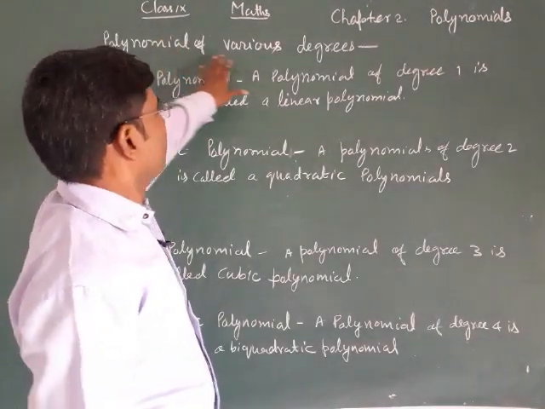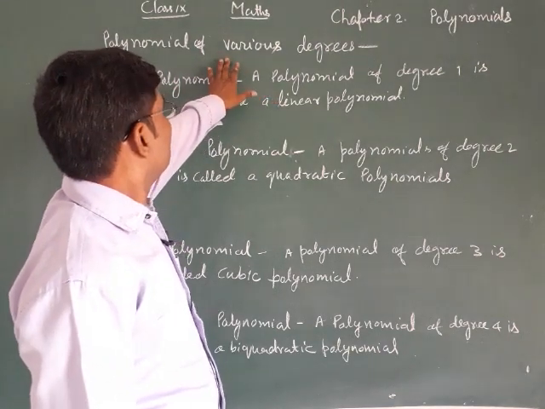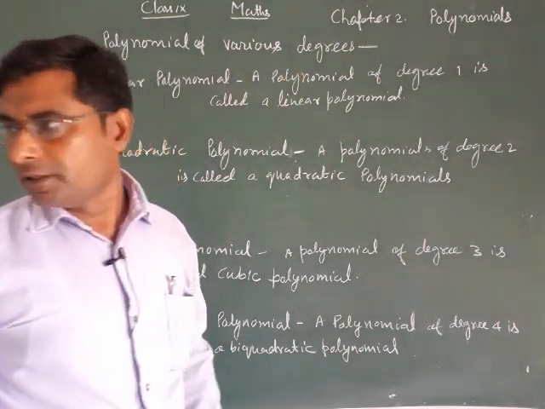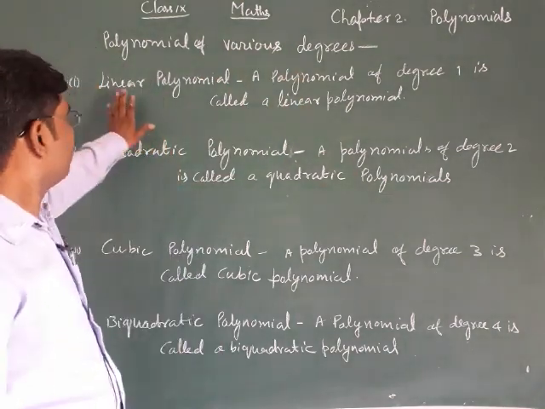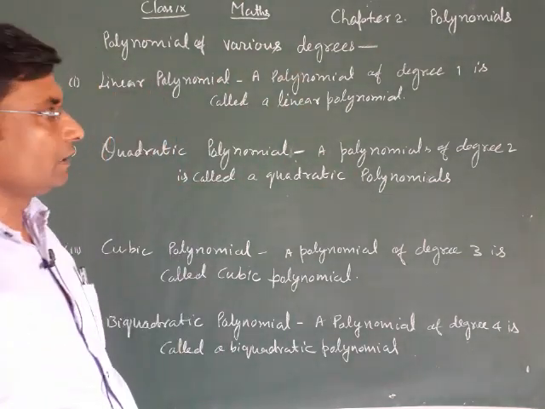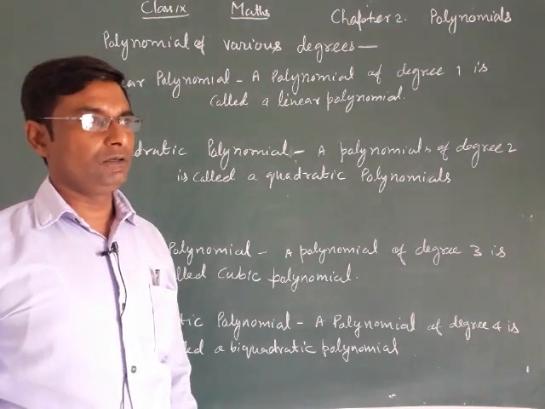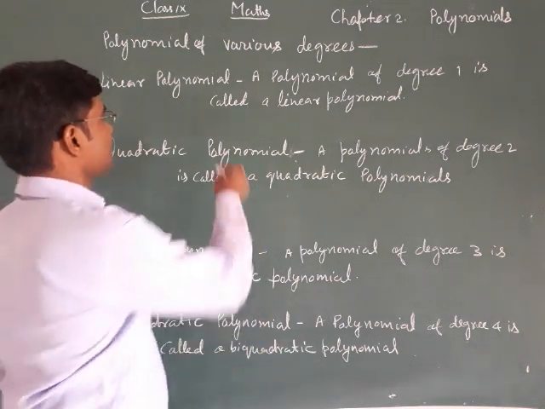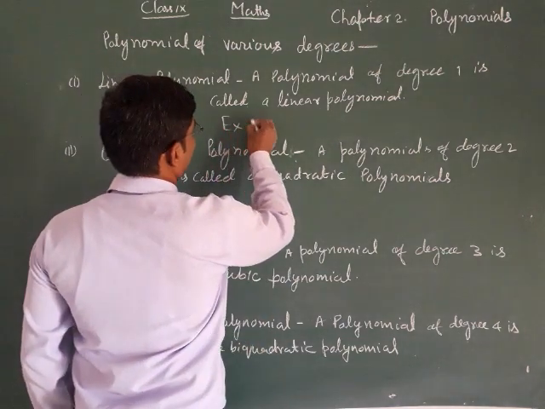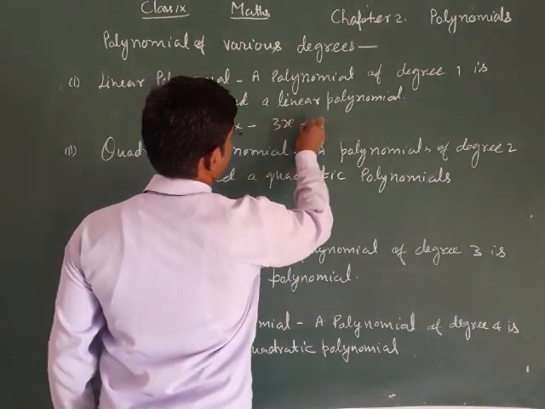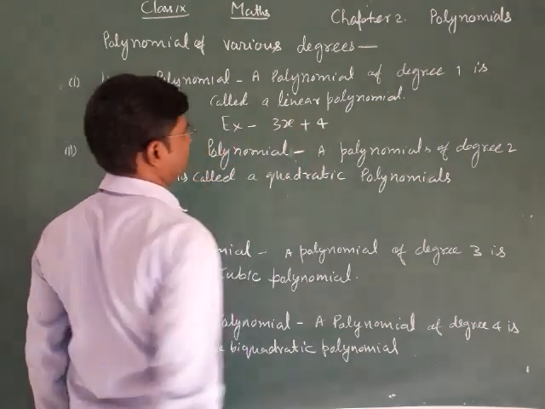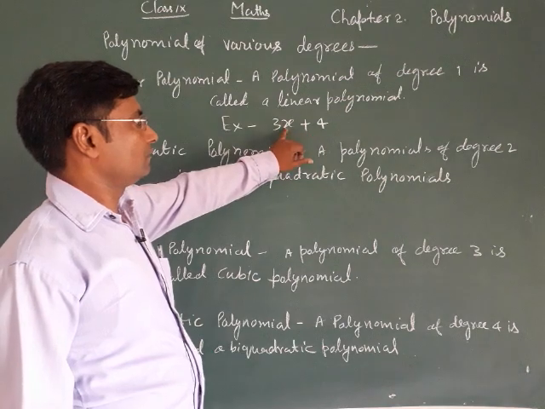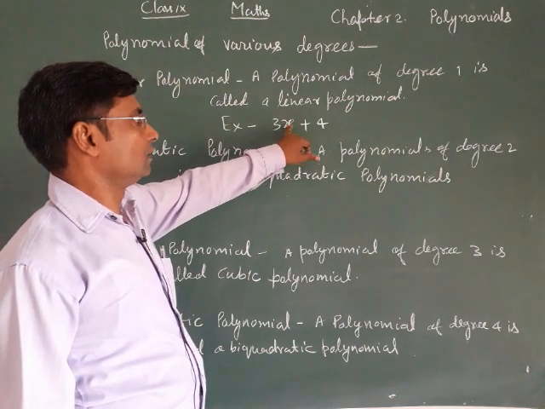Various types of polynomials, by degree. First, linear polynomial. A polynomial of degree 1 is called a linear polynomial. For example, 3x plus 4. The power of the variable is 1.